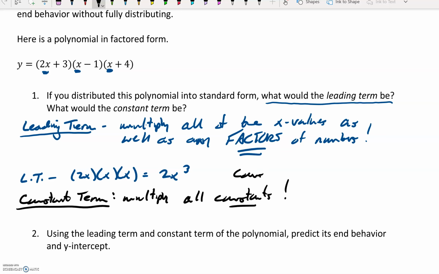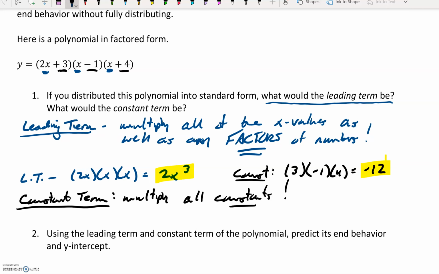So we're going to take 3. We're going to multiply it by -1 and then by 4. 3 times -1 is -3. -3 times 4, -12. So I have found the leading term and the constant.